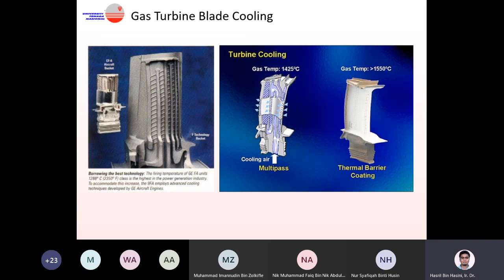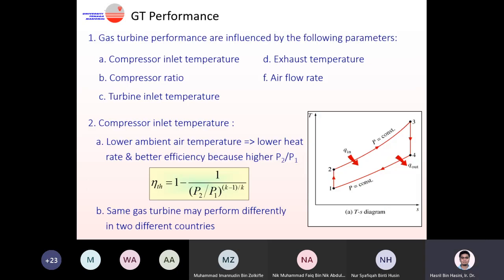This is another illustration of the turbine cooling system. You have cooling hole. At the same time, we also put in coating, a coating for thermal barrier. And that's why the cost of the blade is very, very expensive.